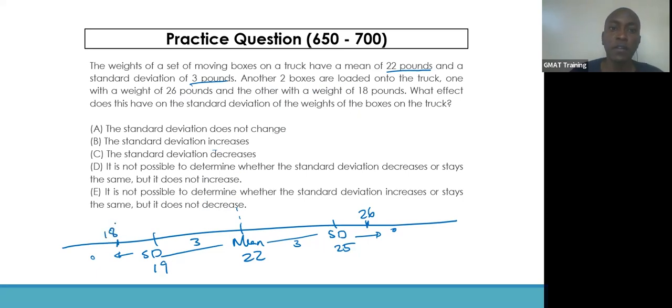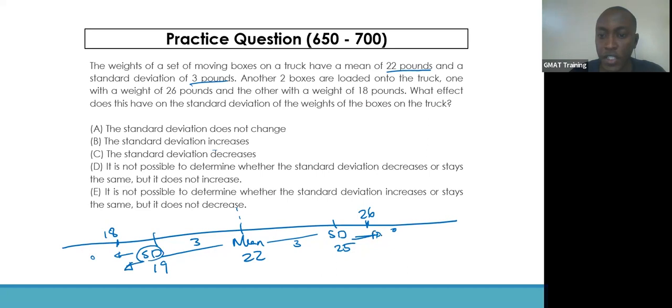What effect does this have on the standard deviation of the weights of the boxes on the truck? As you can see, the distance is 3 to 19, 3 to 25, but we've added 2 data points, 18 and 26, with a greater distance from the mean than the standard deviation, and therefore the standard deviation is pulled outwards.